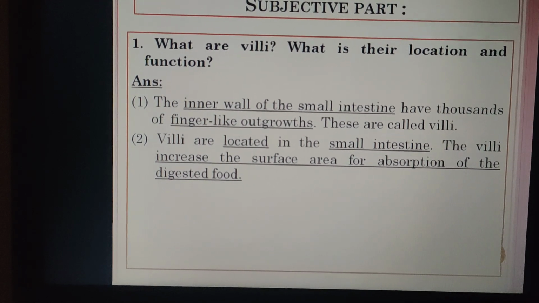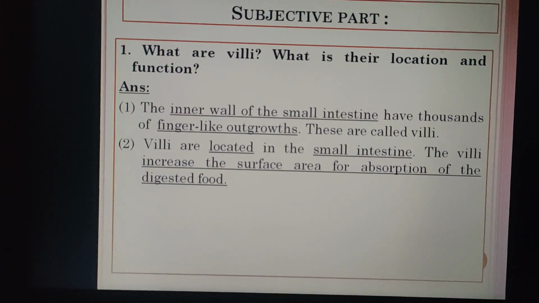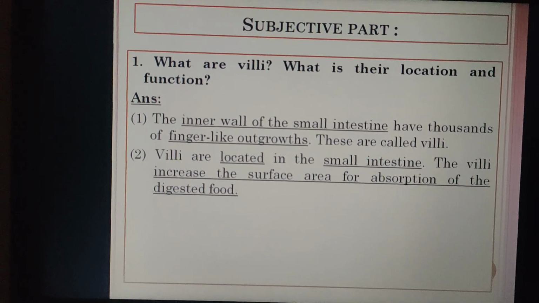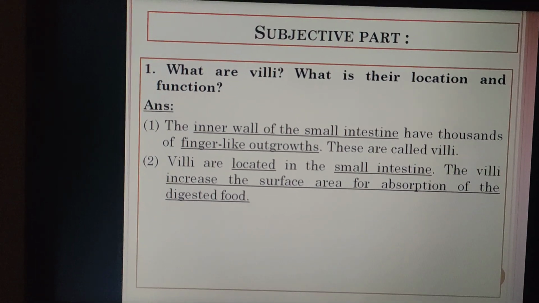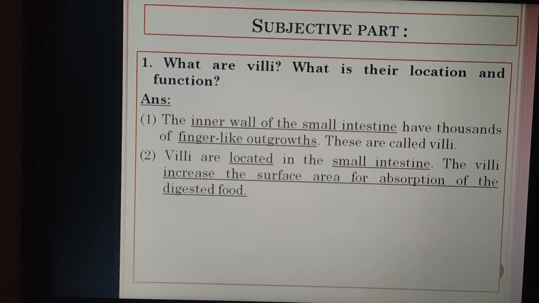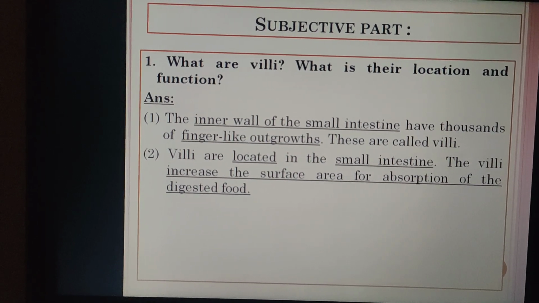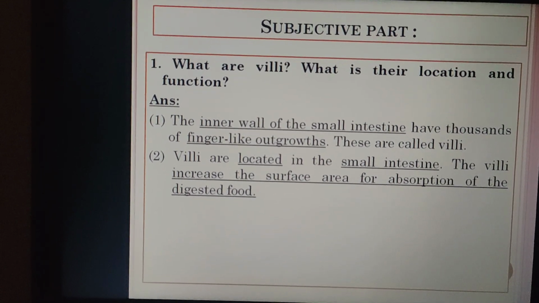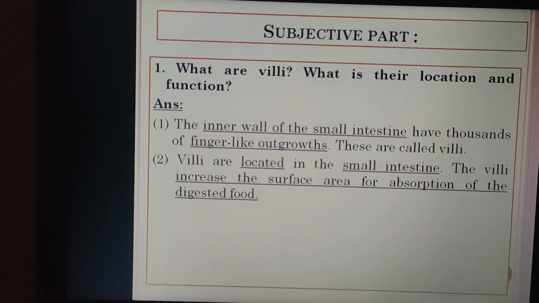As I said, the villi increase the surface area for absorption of digested food. Also, inside the villi lots of small blood vessels are there, and in them the absorbed food is transported, and then the blood transports that nutrient to all the body cells.